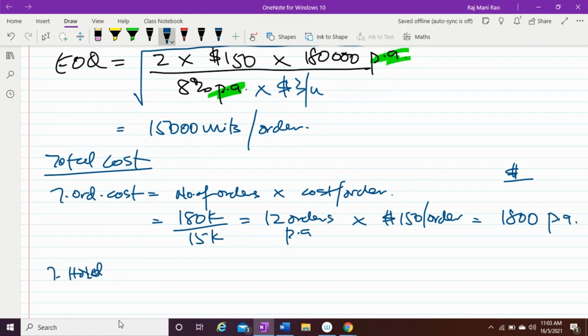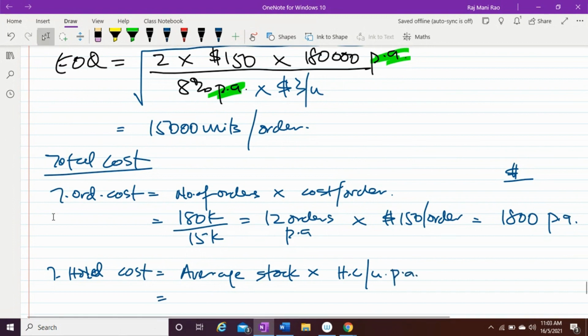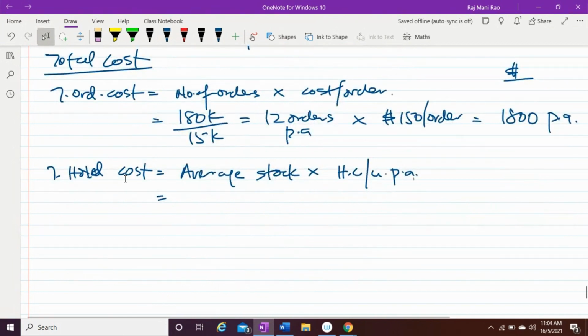Total holding costs. Average stock times what? Holding cost per unit per annum. So how much is it?